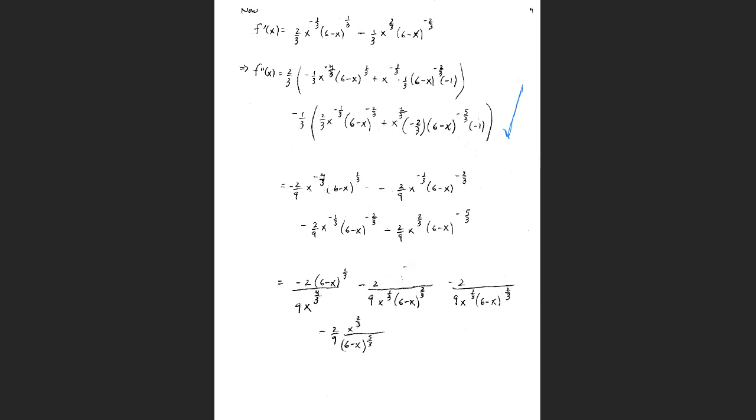So, first thing, I'm just going to distribute the 2/3 on each of the two terms there, and I'm going to distribute the -1/3 on each of the two terms here. And then I'm going to get this step by step.